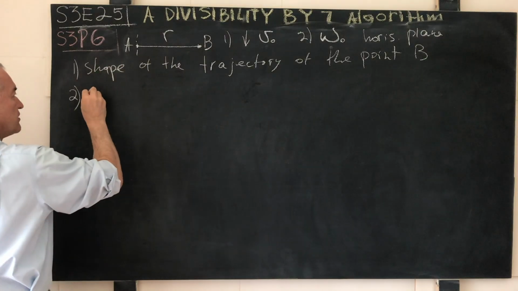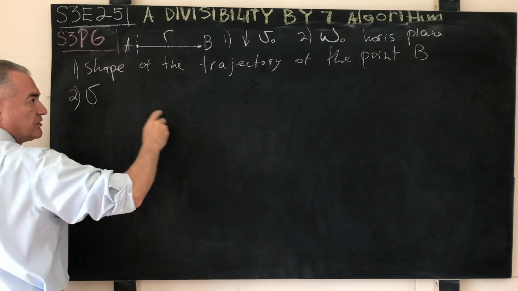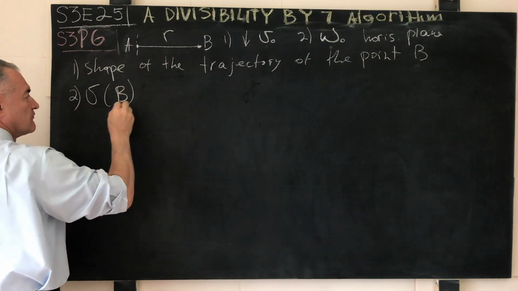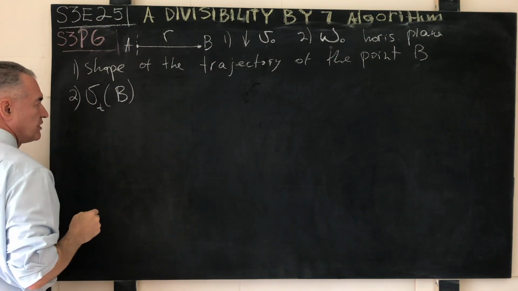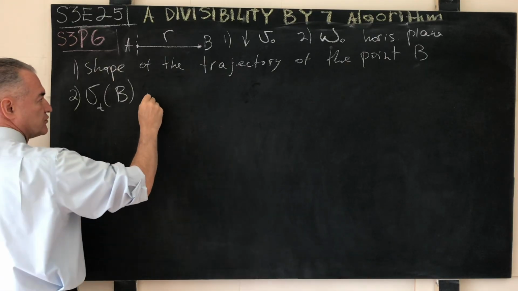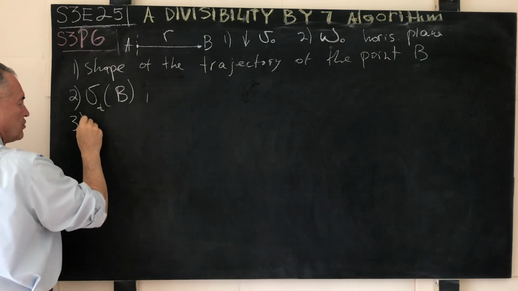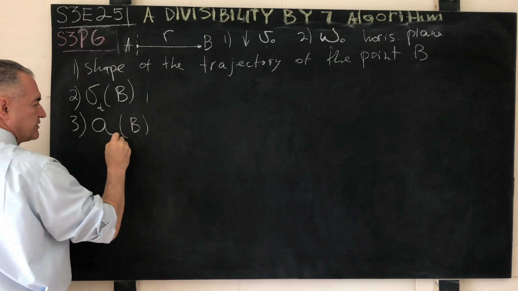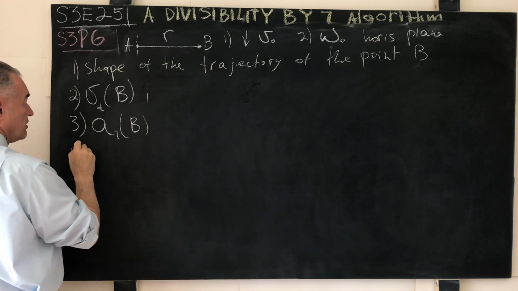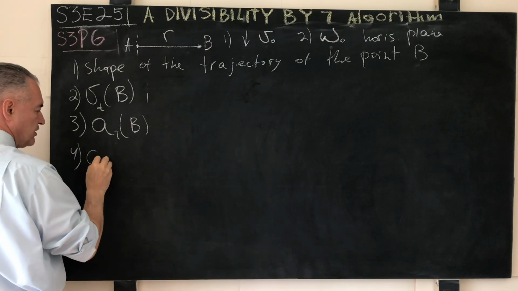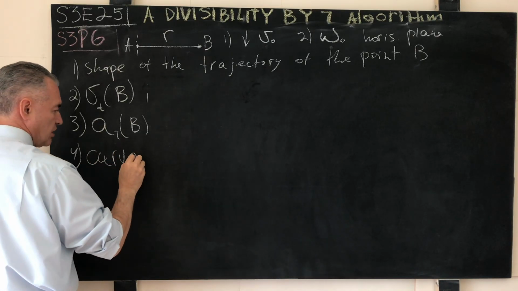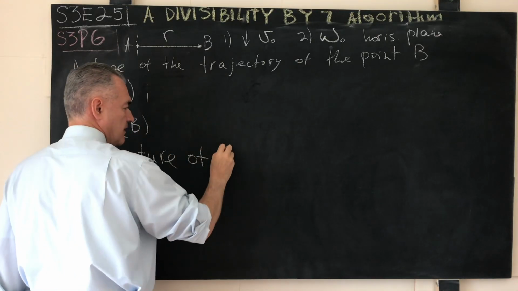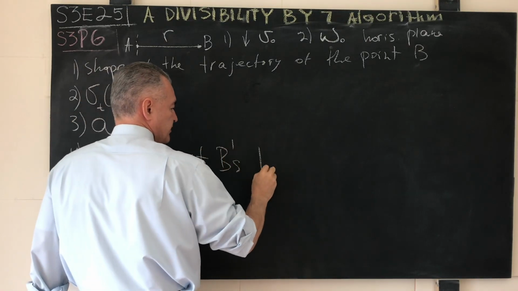So we want to find the velocity v of the point B, and obviously it would be nice to have it as a function of time. We also want to find the acceleration of the point B as a function of time, and another thing that we want to find is the curvature of B's trajectory.